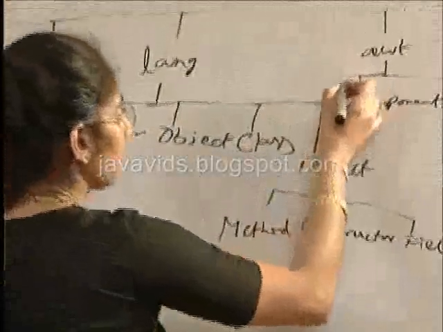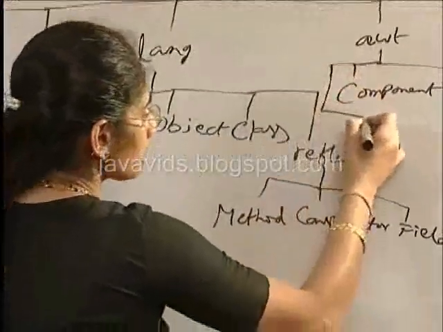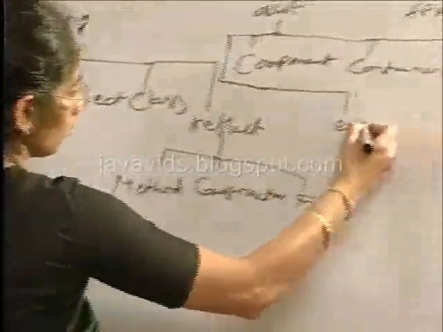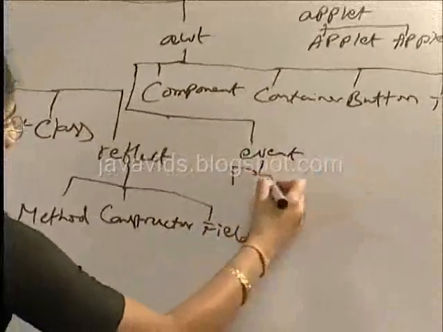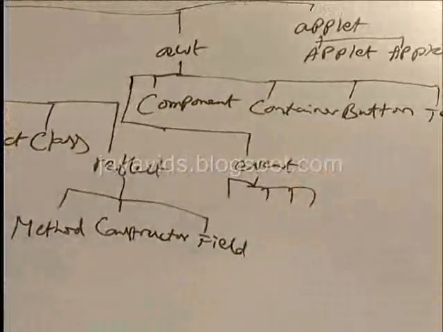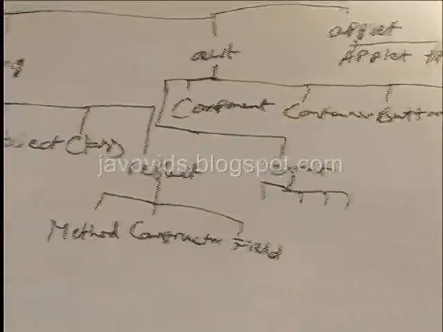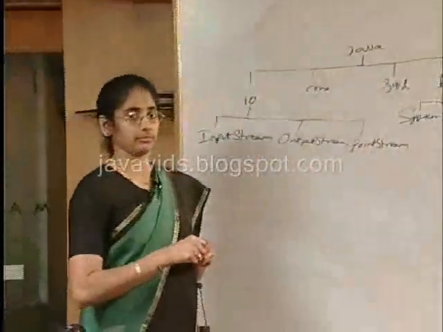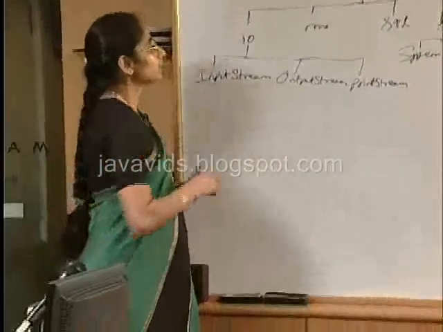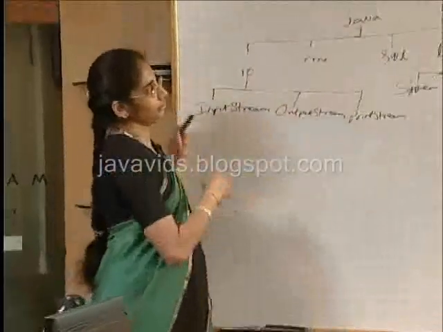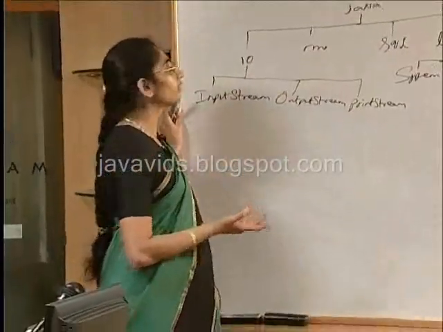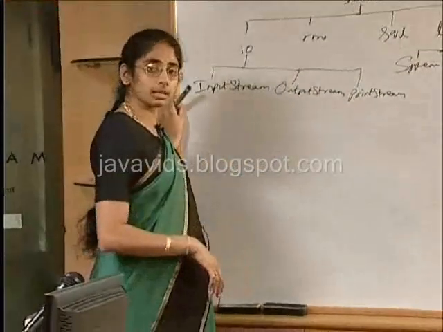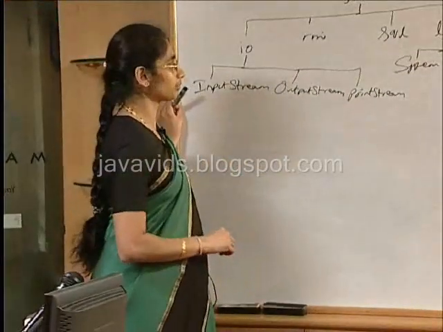Under AWT we have the event package which consists of a set of event classes. Like this, there are several packages and their classes existing in the JDK kit. So this is a broad overview of how the packages and the classes are located in the packages.